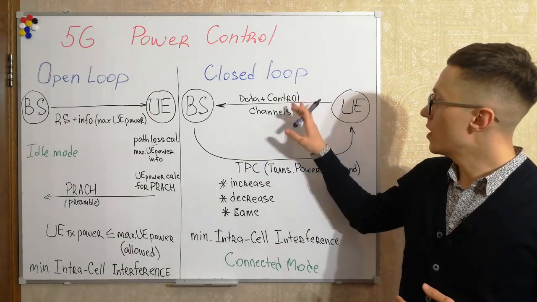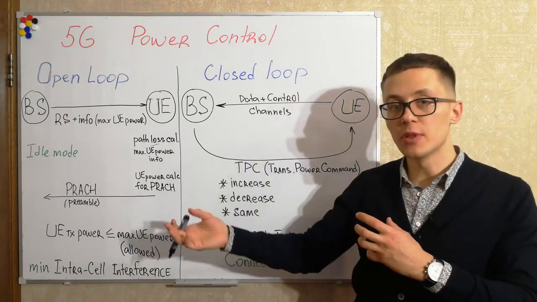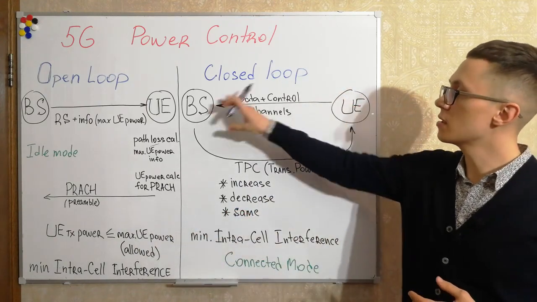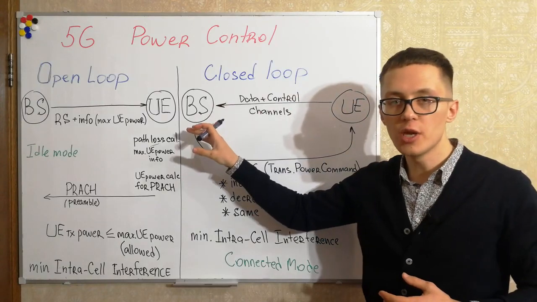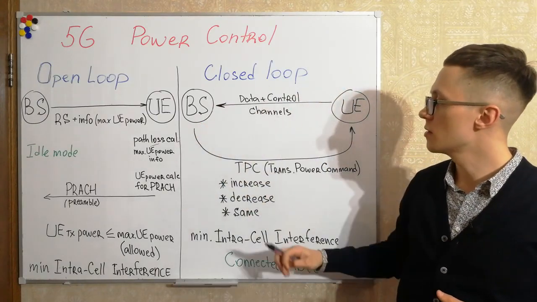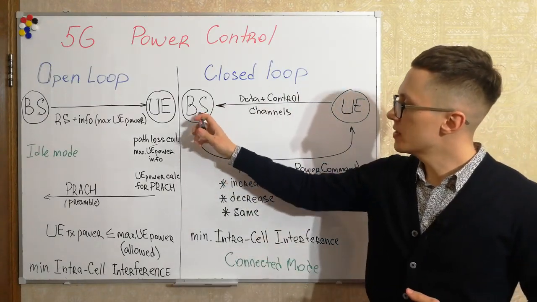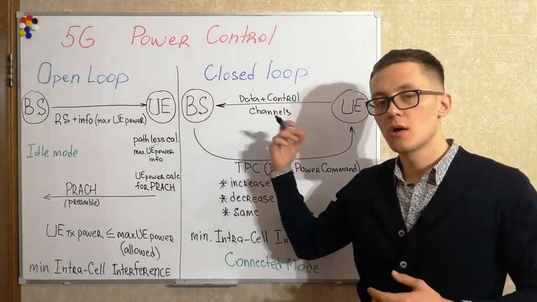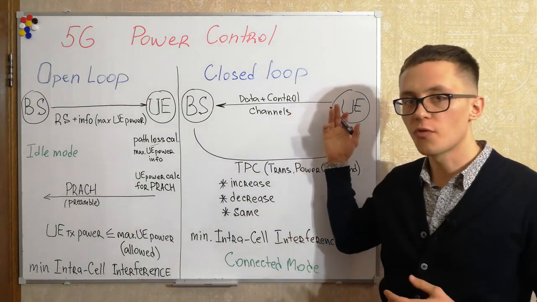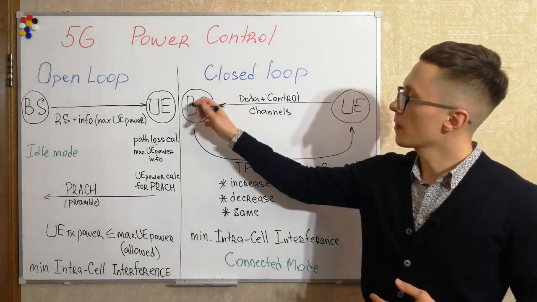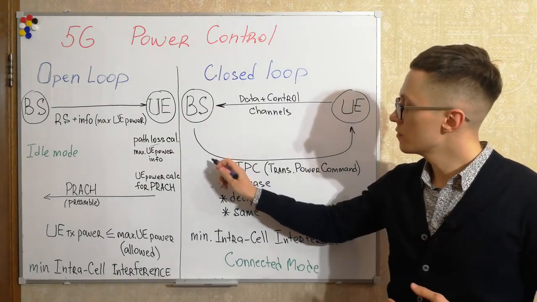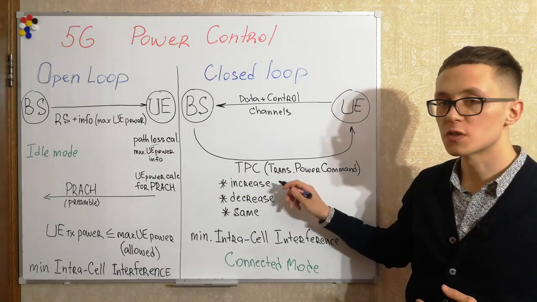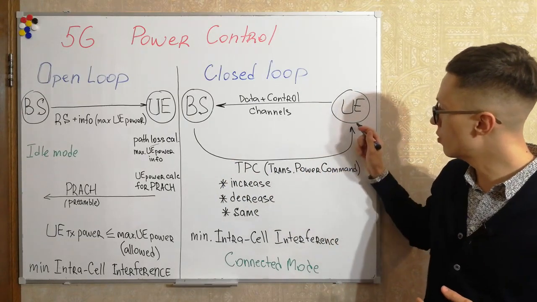So when user equipment has already established a connection with the base station, it may send data and control information via channels. The base station can measure those channels from a particular user equipment, and give special TPC commands, which are transmission power commands, to the user equipment.